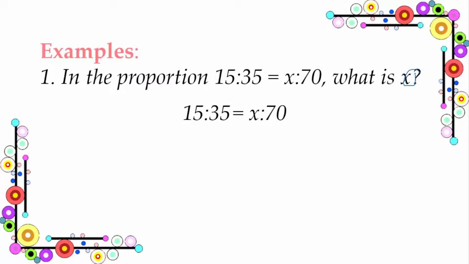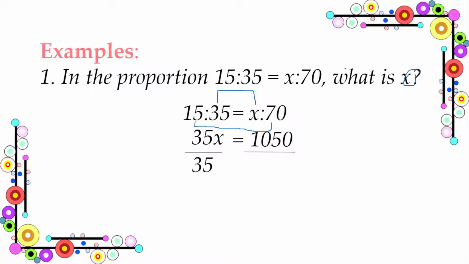So using the formula of the means and the extremes, 35 times x, we have 35x equals the product of the extremes. So 15 times 70, we have 1050. So we need to divide both by 35 to get the value of x. So cancel 35. So we have x equals 30.